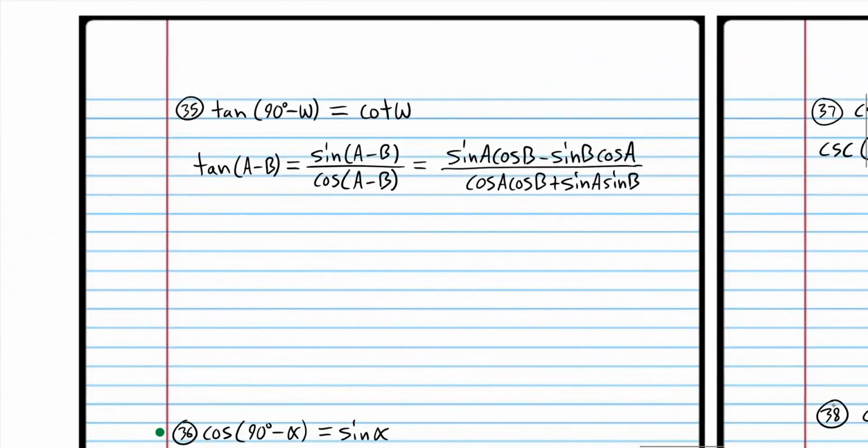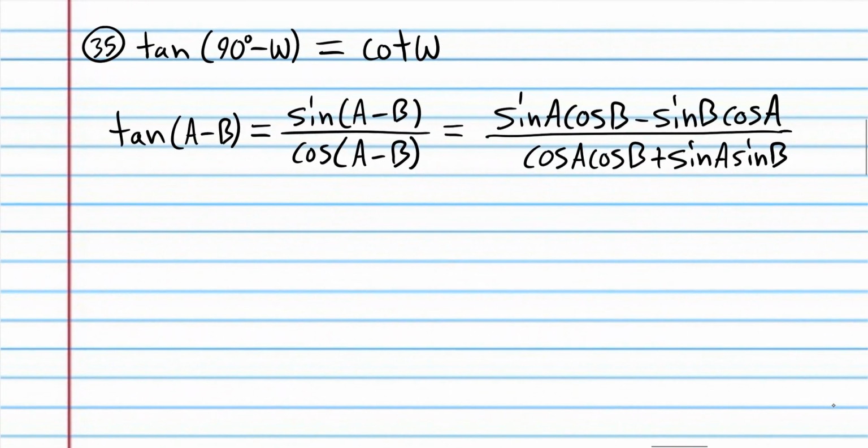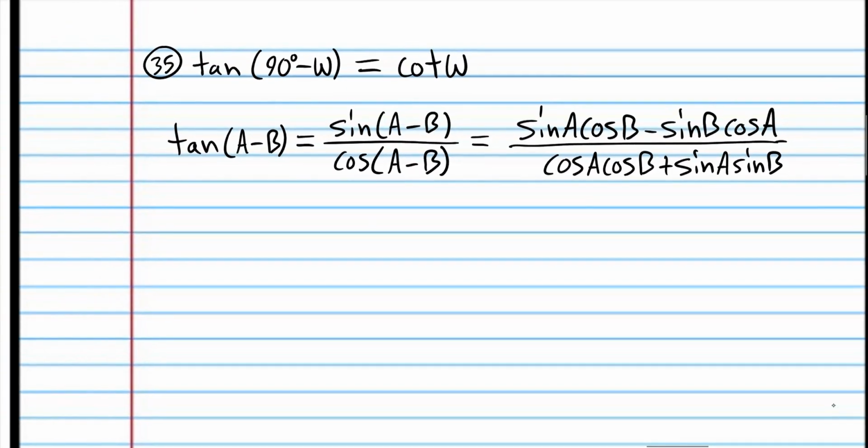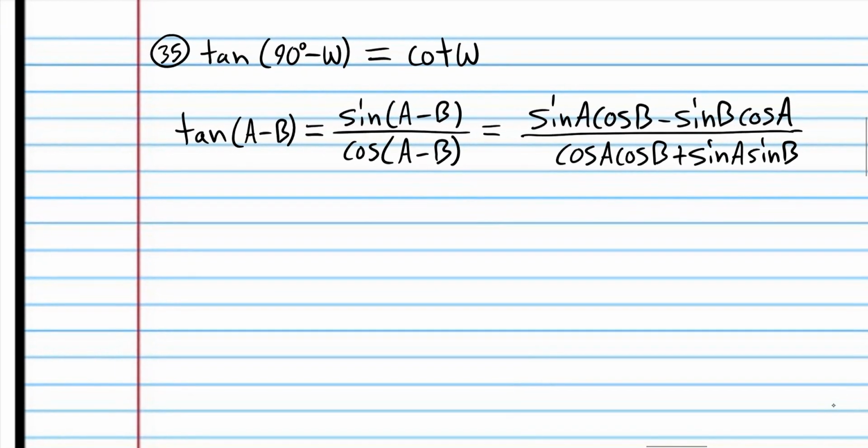So let's try one more of these. So we're going to show that this equation is true. We're going to prove that it's true using the difference formula. But we don't have a difference formula for tangent, at least not one that we can easily recall. But remember, tangent is sine over cosine, so we're using a ratio identity.